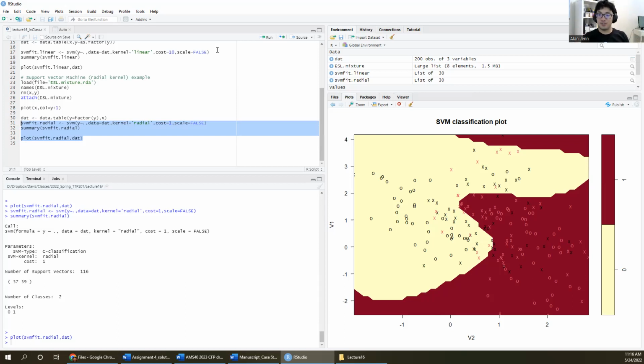The best way to choose your cost value is, again, by doing out of sample testing and arriving at a point where you have the least classification error as possible when you take points out and introduce them into this classification. Are they being classified the right way? And so the cost, similar to all the rest of the tuning and scaling parameters that we've done, can be selected in this way.